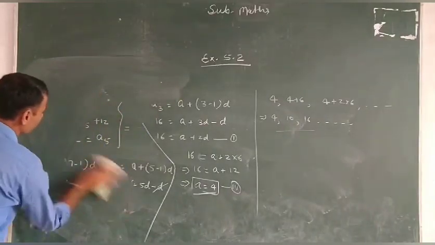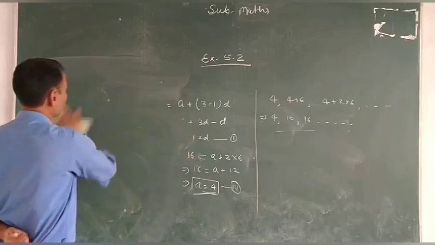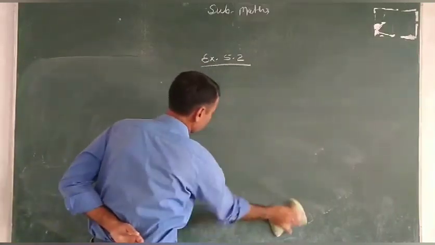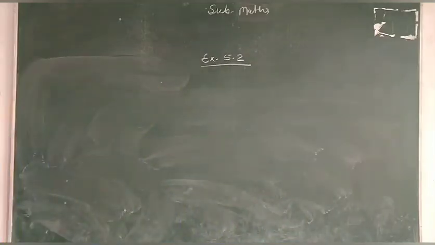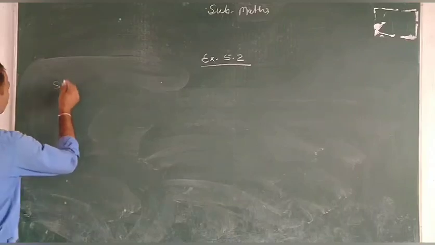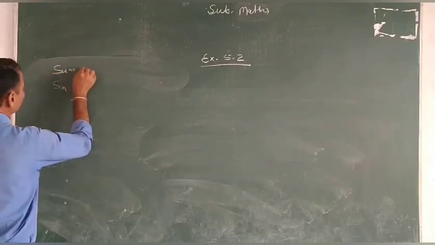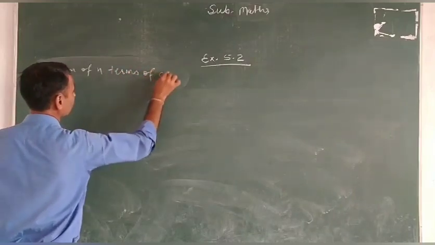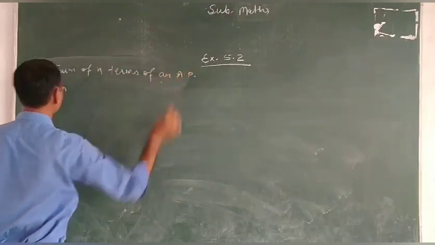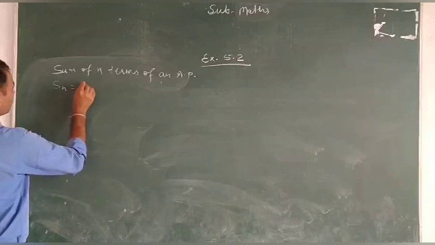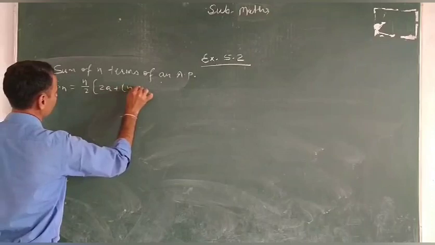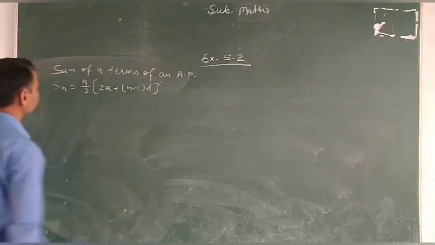Now we are going to discuss the sum of the n terms of this AP. To get the sum of n terms of this AP, we have another formula, the sum of n terms of an AP: Sn equals n upon 2 into (2a plus (n minus 1) into d).